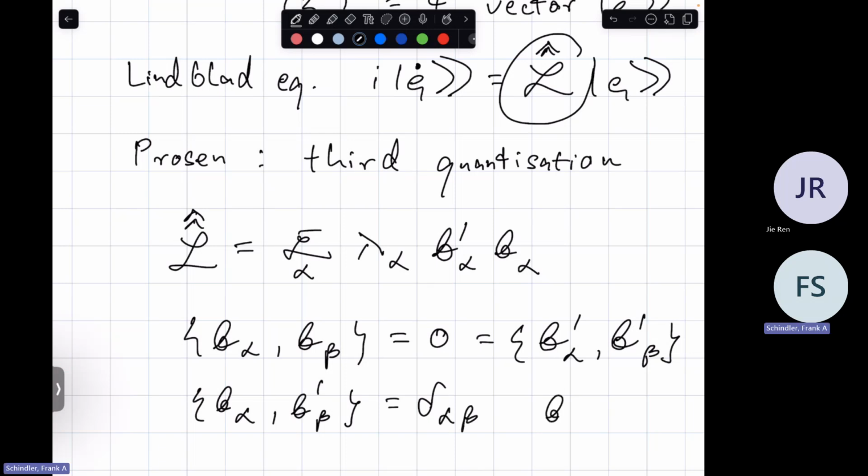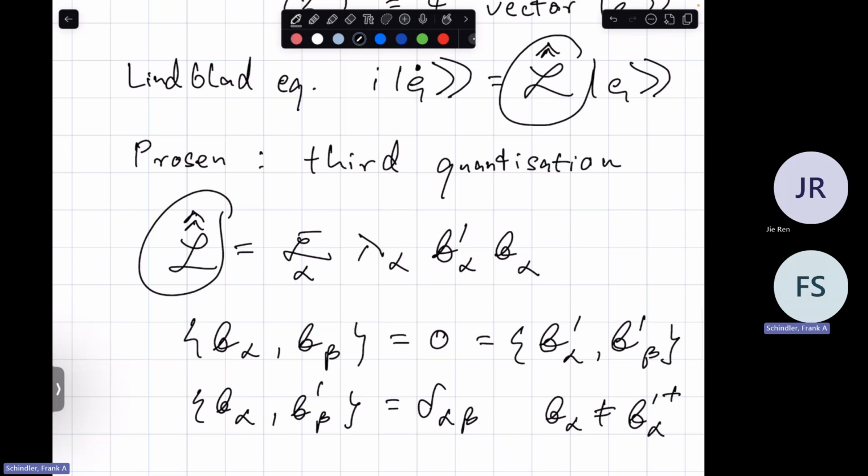And importantly, b alpha prime is not equal to b alpha dagger. If we had a Hermitian L hat, then indeed those would be just daggers of each other, prime would be equal to dagger. But in general, L hat is a non-Hermitian operator. It's a big non-Hermitian matrix. So it doesn't just diagonalize in terms of these canonical fermions, but it actually diagonalizes in terms of these pseudo operators.